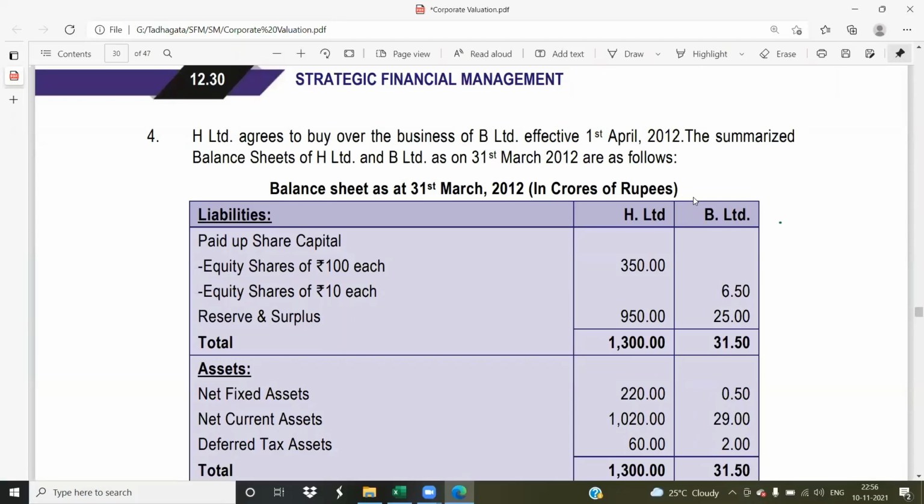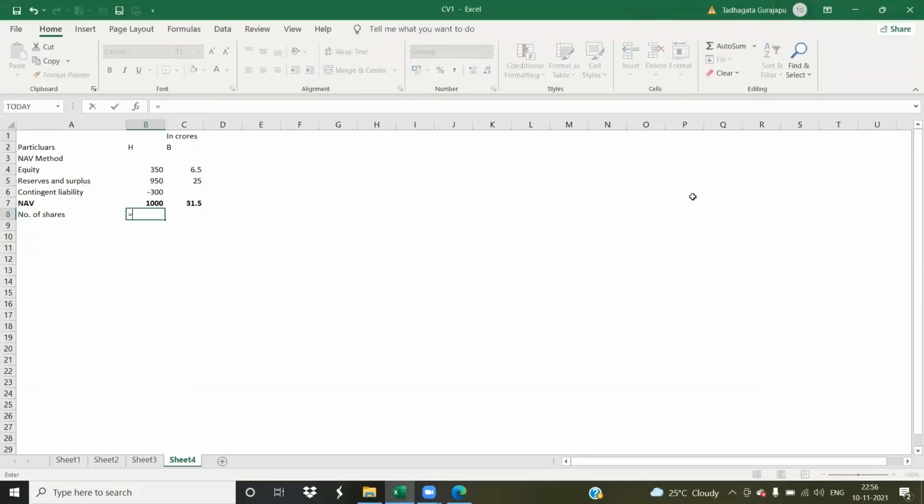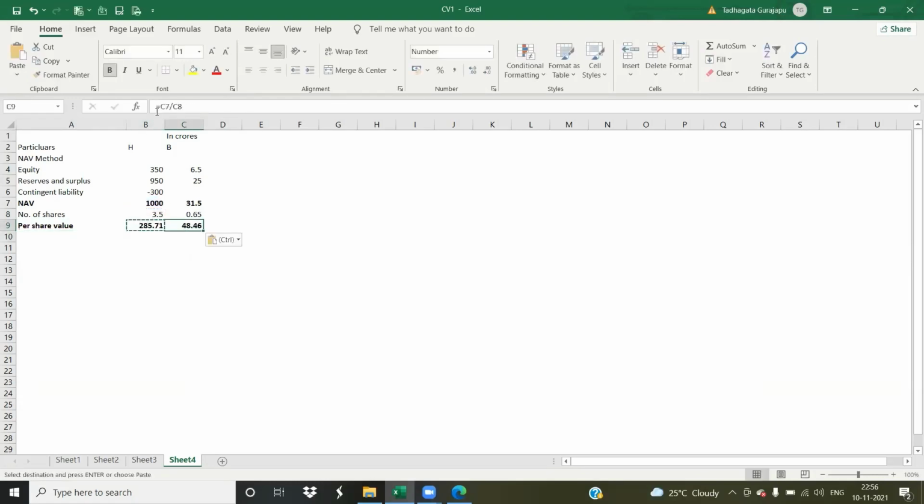Shares outstanding is 350 by 100 and 6.5 by 10. Okay. So what is per share value? NAV by number of shares. Yeah, so this is NAV method.